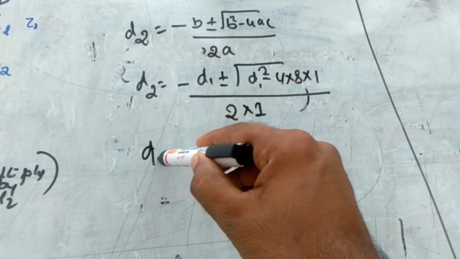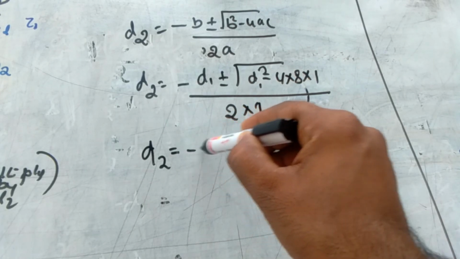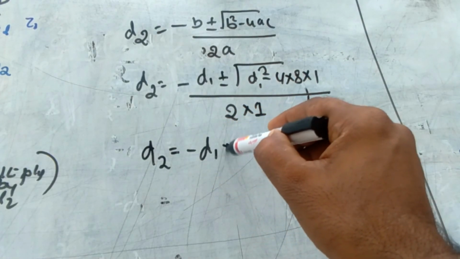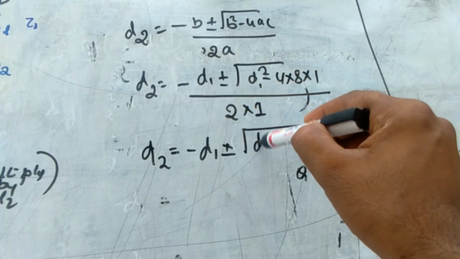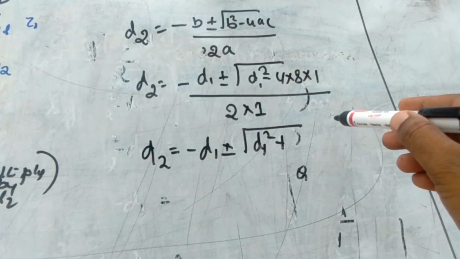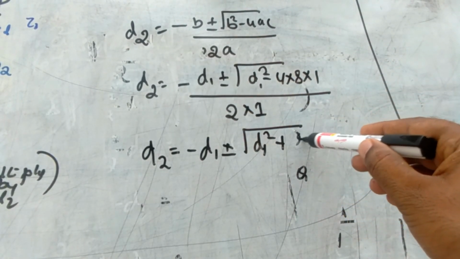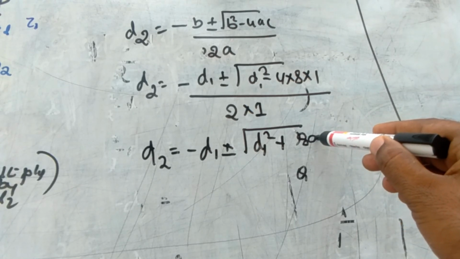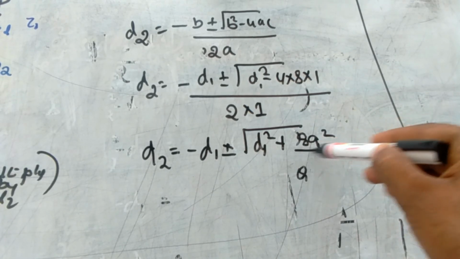So d2 is equal to minus d1 plus or minus root of d1 square plus 8 q square by g d1.